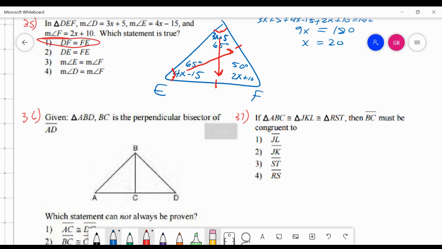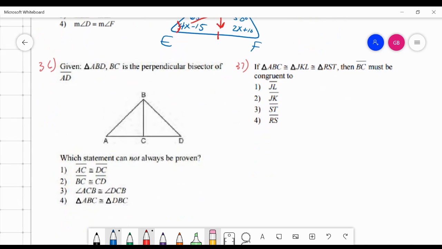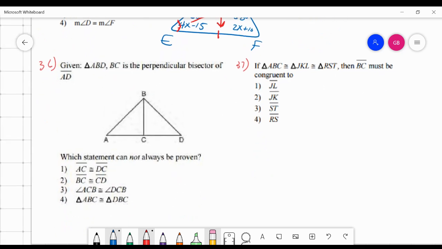Number 36, given a triangle ABD, BC is the perpendicular bisector of AD. Which statement cannot always be proven? All right, so let's mark the perpendicular bisector. This is the perpendicular bisector, so that means that this one and this one are the same. It's perpendicular and it bisects AD.